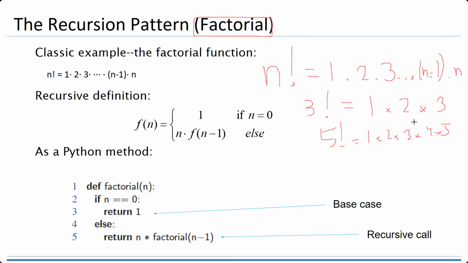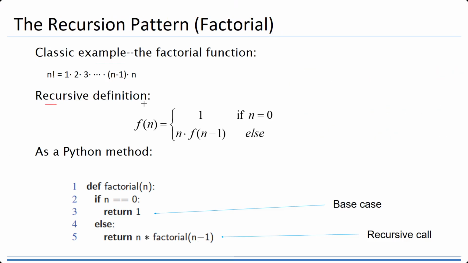If we have this condition, we can do it with a for loop. But how if we use recursion? Then we have a recursive definition. If n equals 0, then return 1.